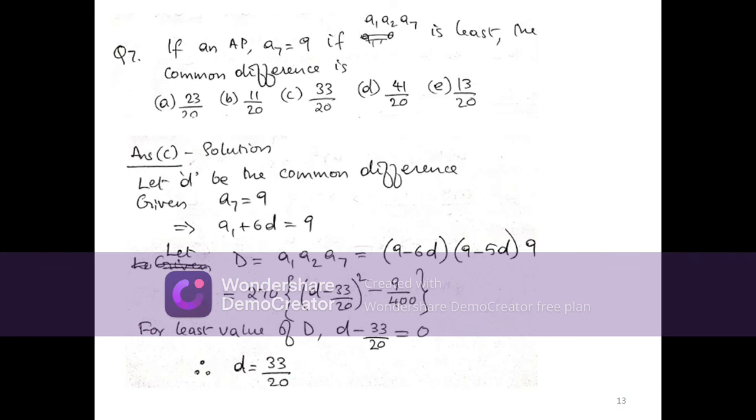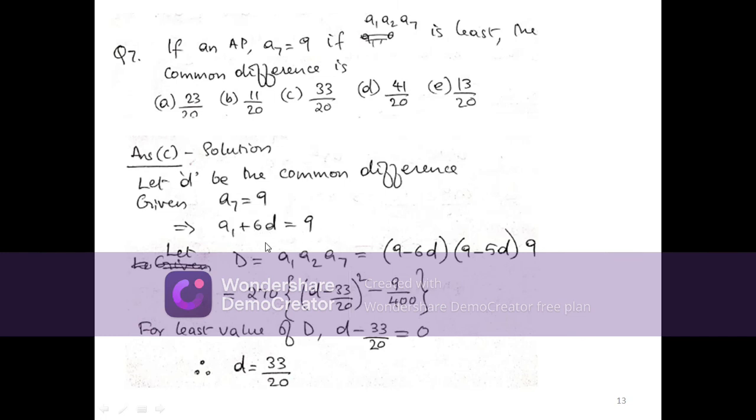If that is the case, you have a7 equal to 9. So what is a1? Here a1 plus 6d equal to 9. So a1 equal to 9 minus 6d.